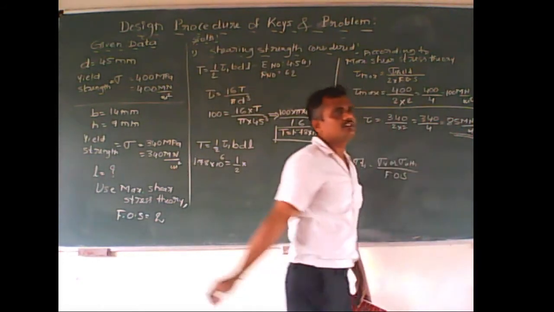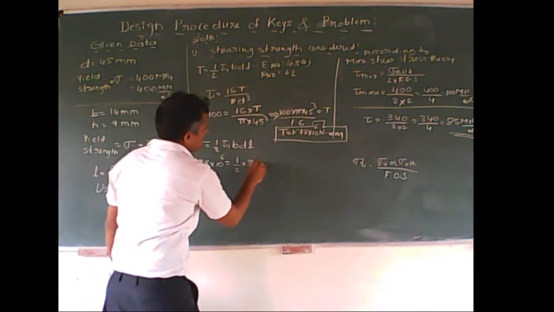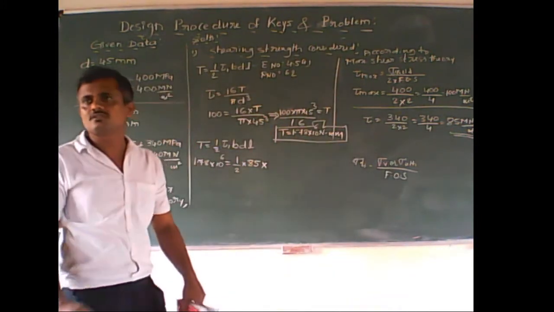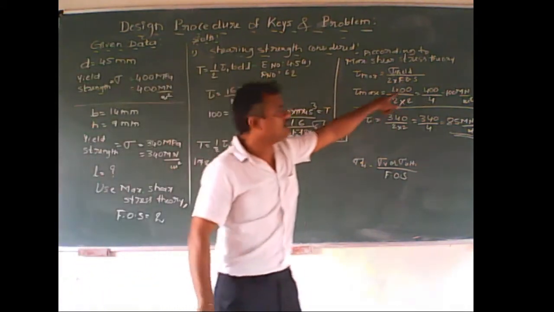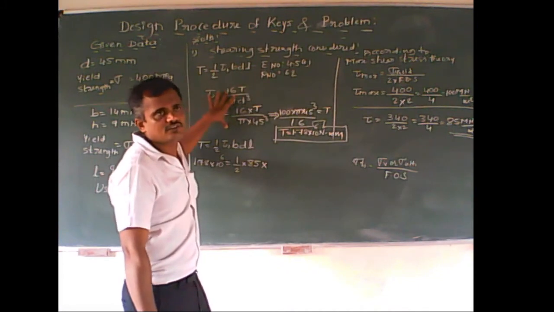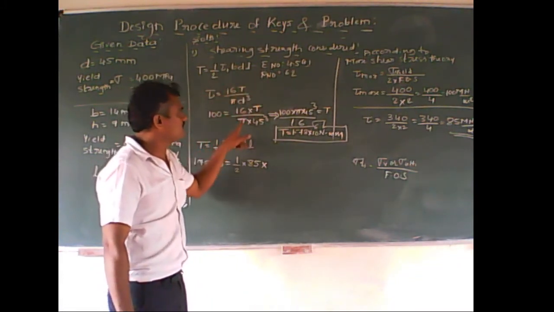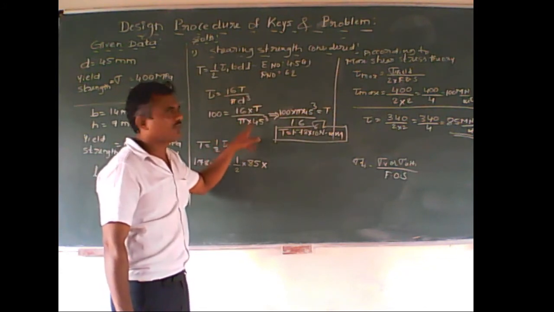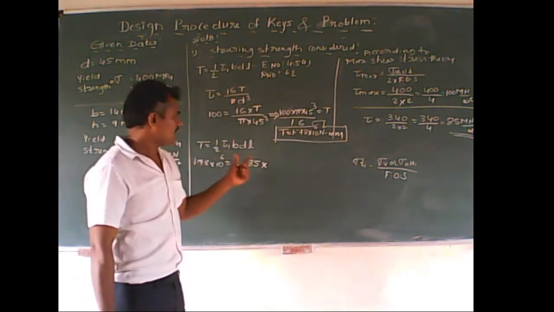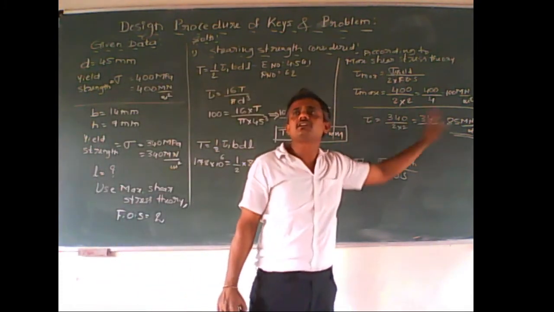This 85 should be used here. This key is 85. Understood? This 100 I have used in the shaft equation, that is tau is equal to 16T divided by pi d cube, that is 16T divided by pi into 45 cube.